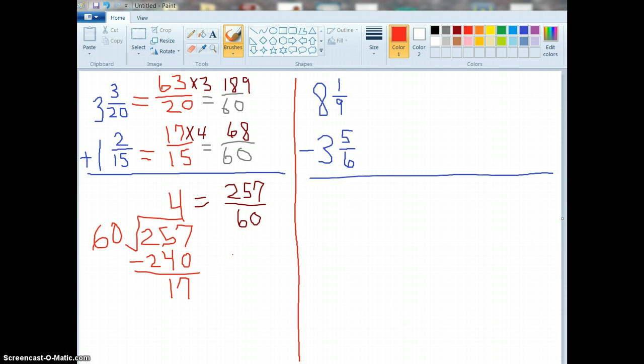So our final answer is 4 and 17 over 60. Always make sure that your fraction is reduced to lowest terms.